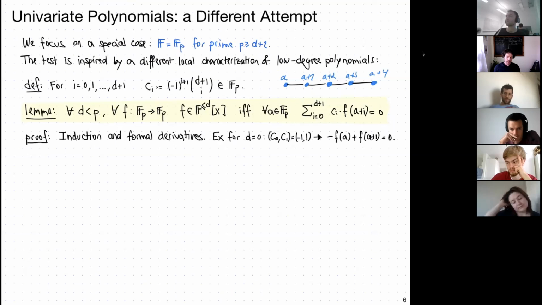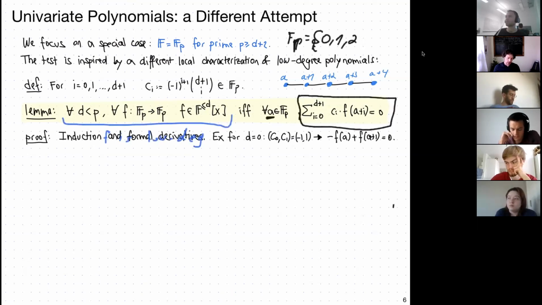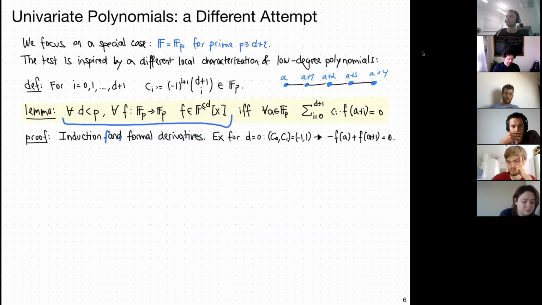So the point is that let's try to see what this means and do it in steps. So first of all, let's focus on the setting that d is equal to 0. Right, so what does it mean that d is equal to 0? We have these coefficients here, and if we plug in the values, we get only two constants, c0 and c1, which are equal to -1 and 1.